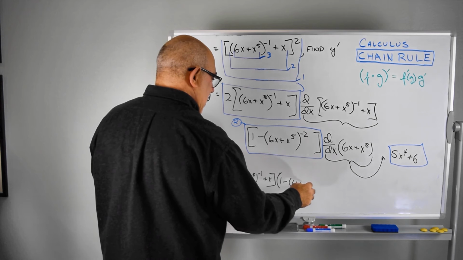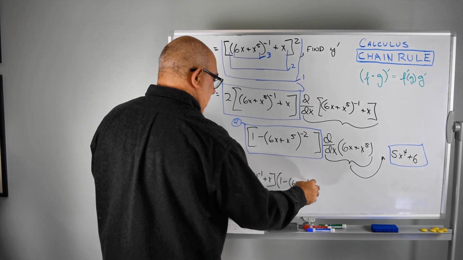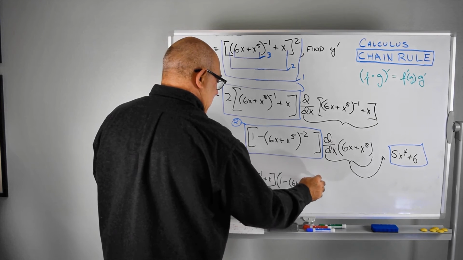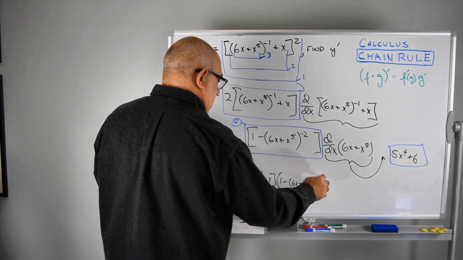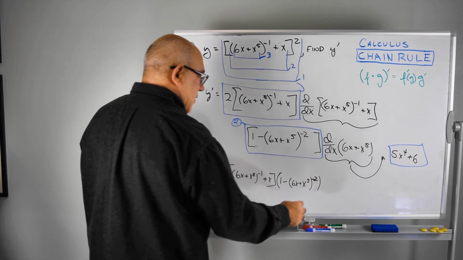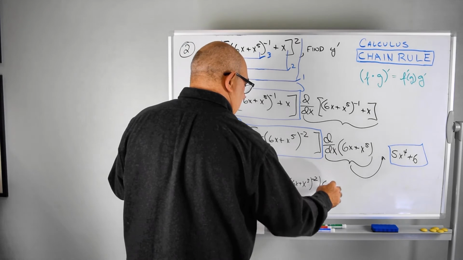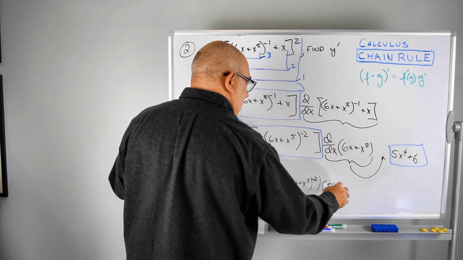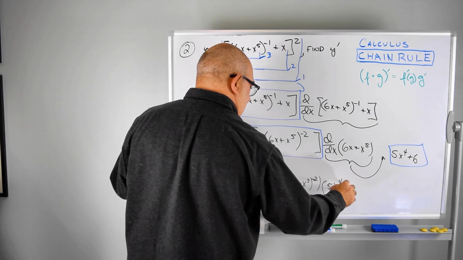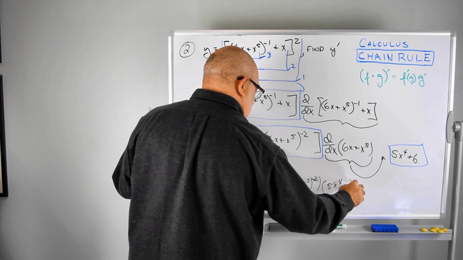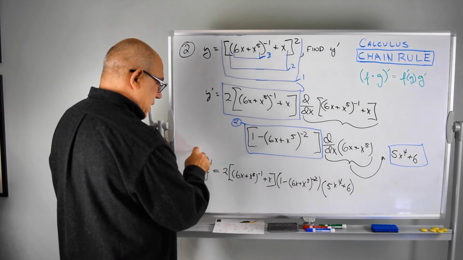Sorry, made a mistake. Plus x to the 5th to the minus 2 times 5x to the 4th plus 6. And that's our answer.